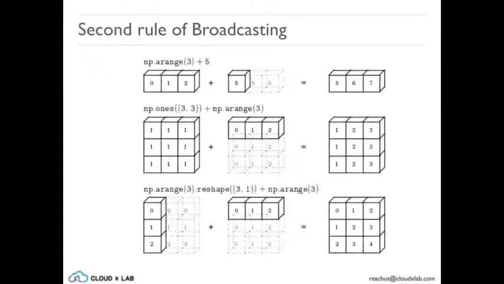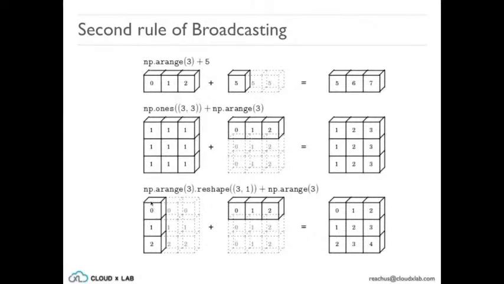Okay, and we can do that. This is the second rule, which says that if you have something like this and something like this, the whole thing gets added to each other. Similarly, if you have an n-dimensional array of say 3 comma 3 and something that's just a rank 3 over here, this will get extended 3 times and added to this.